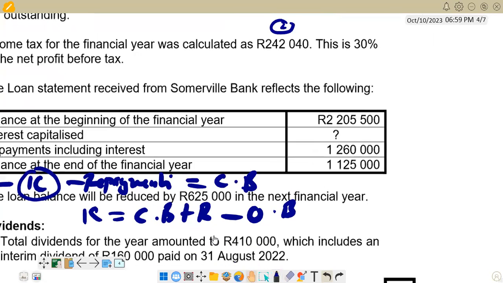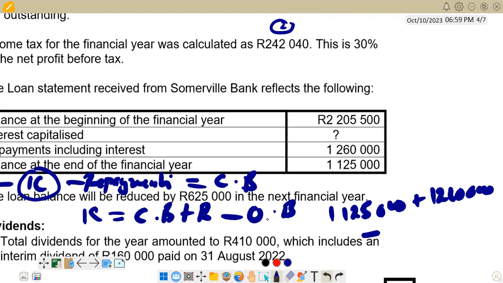From the figures that we have there, we have our closing balance, which is 1,125,000. We add repayments, which is 1,260,000. Then we subtract the opening balance, which is 2,205,500.